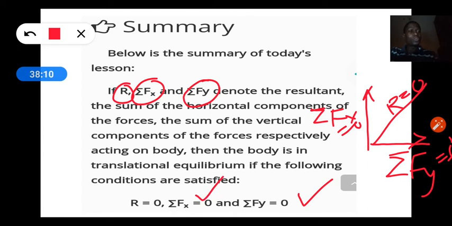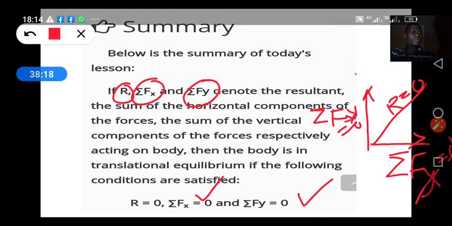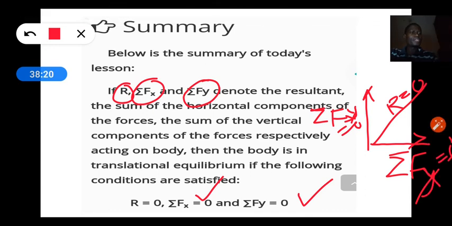Sorry, that's y, and here is x, that's my x-axis. Good. So the summation of f of y will also be equal to 0. Summation of f of x will also be equal to 0. And if the two are equal to 0, my resultant will be equal to 0.